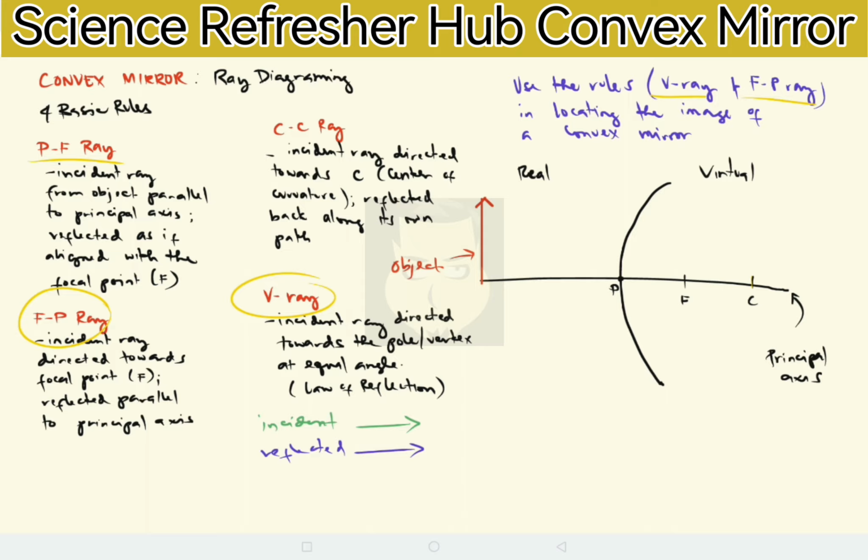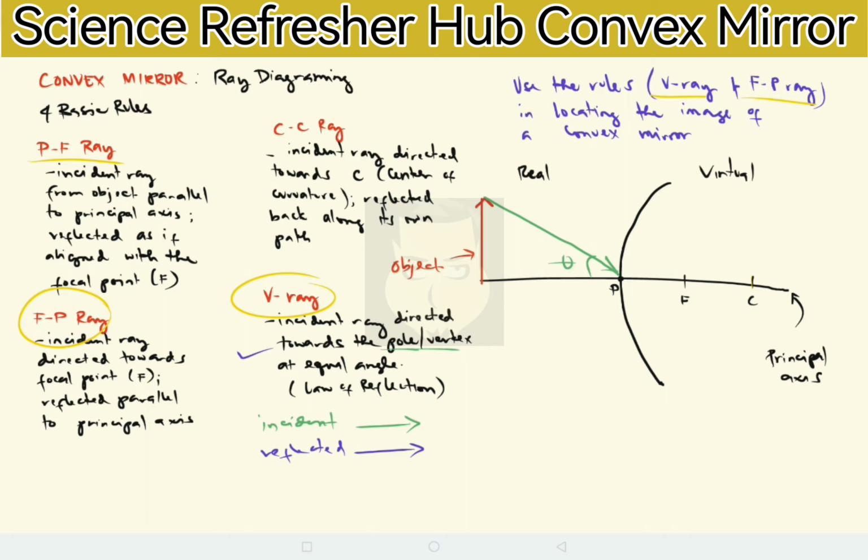Using the V ray: incident ray directed towards the pole or vertex at an equal angle, showing the law of reflection. So from the tip of our object, we will draw the incident ray from the tip all the way to the P, the pole or vertex. Then we have an angle here.